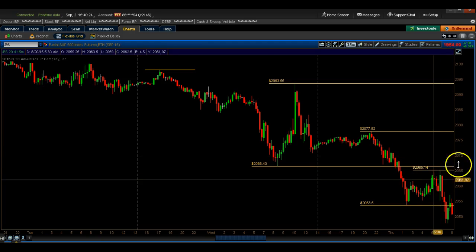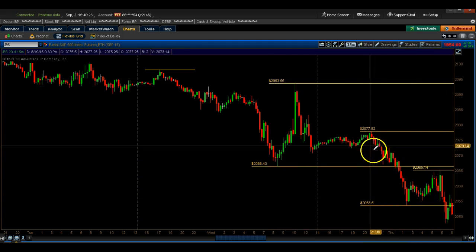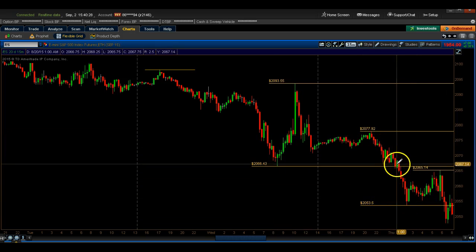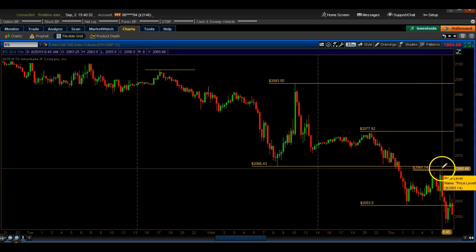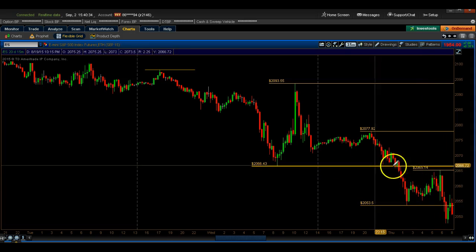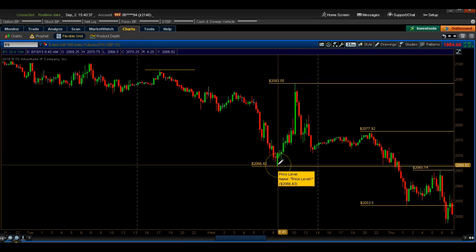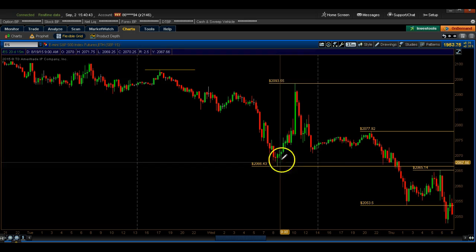Okay, so as you could see, a lot of times what price can do is when it makes a new low, it's called back and fill. Okay, and what it's going to do is come back and retest old support, which becomes new resistance, and vice versa.